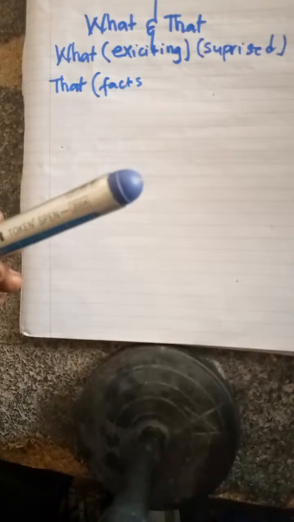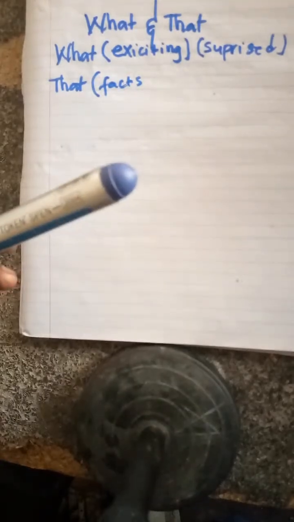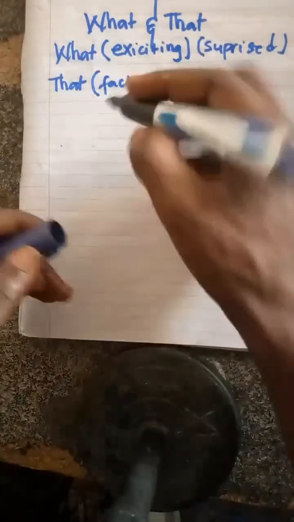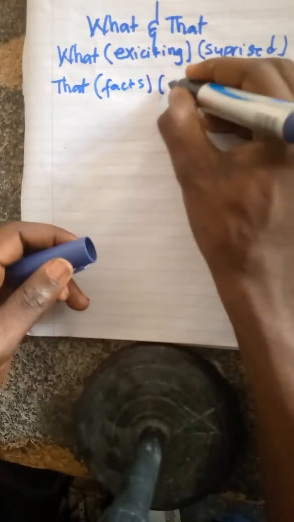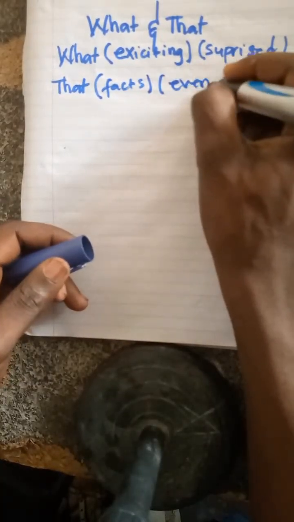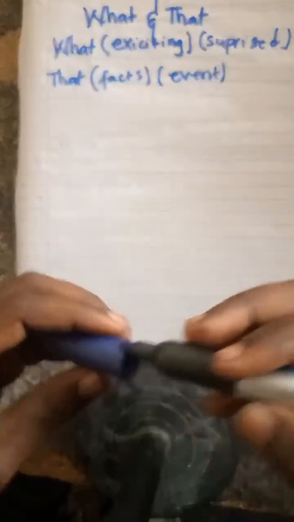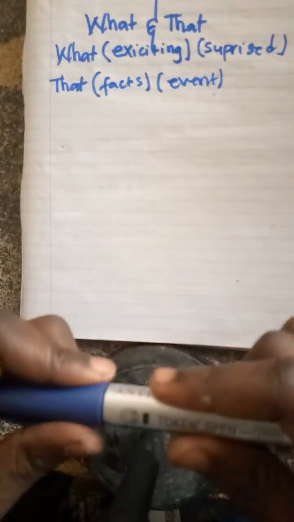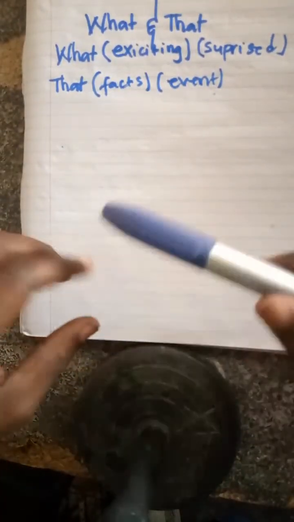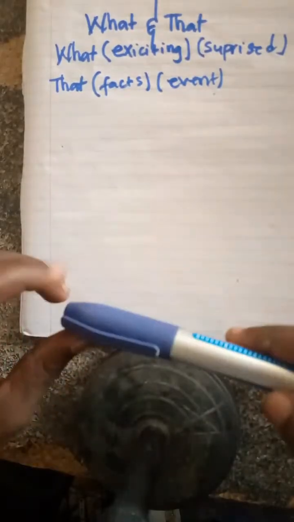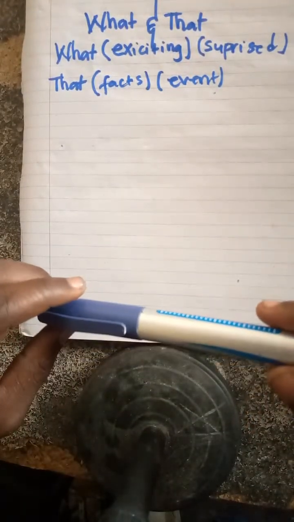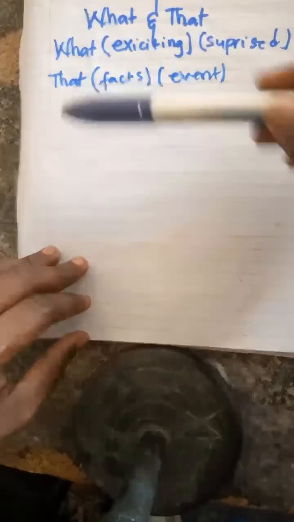They need backup in order to be qualified as true. So facts or events. When you see a rewrite beginning with the word that, you must first start with the facts, or rather the event. So we have what and that.